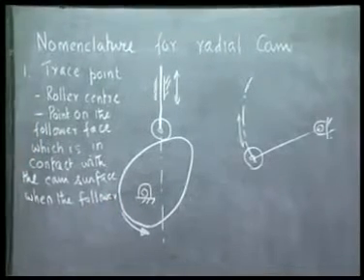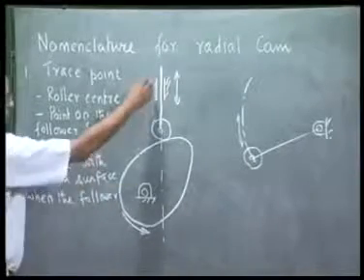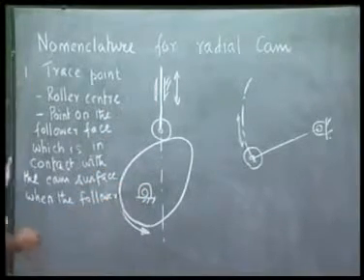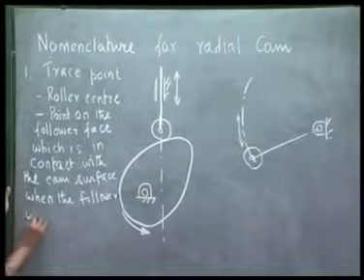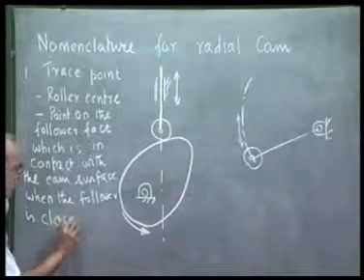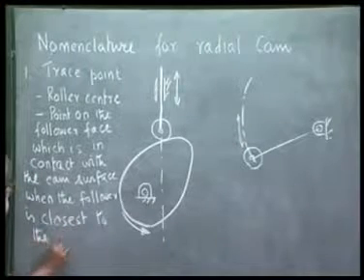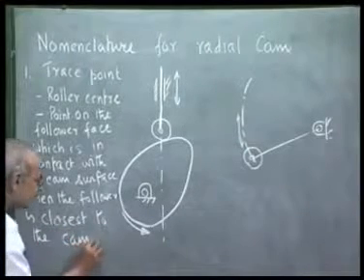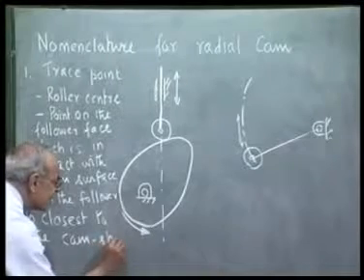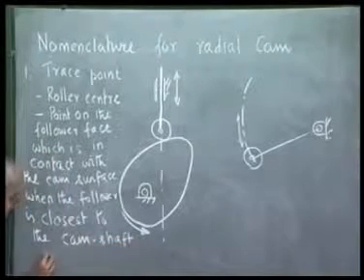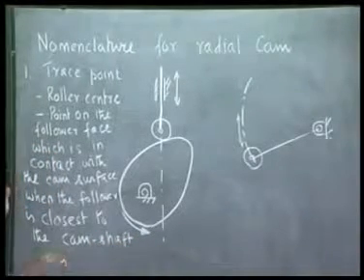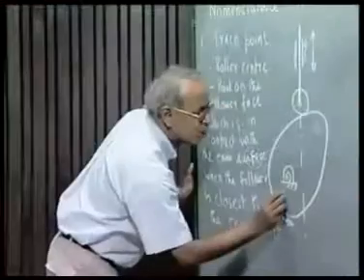We normally use that extreme position when the follower is closest to the cam center, when the follower is closest to the camshaft center, camshaft axis. This camshaft axis is O2.